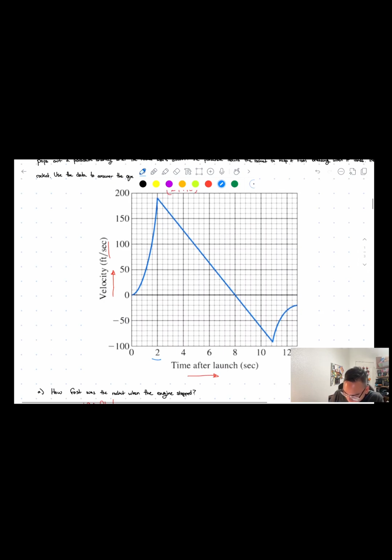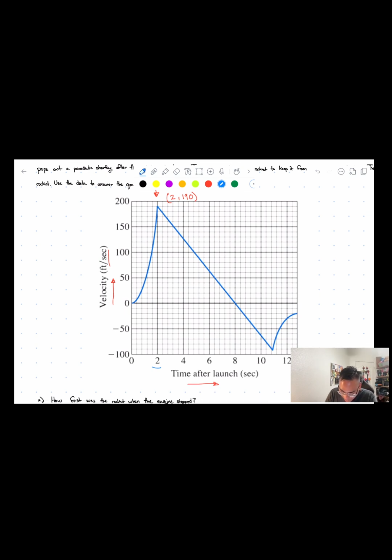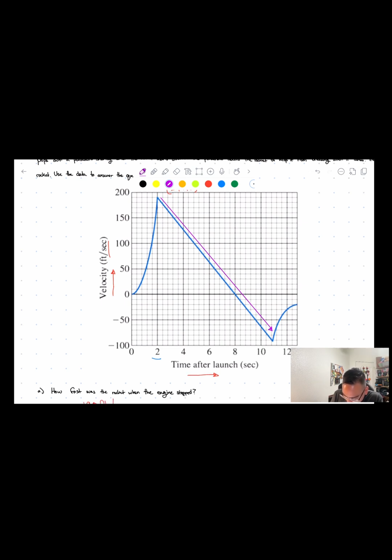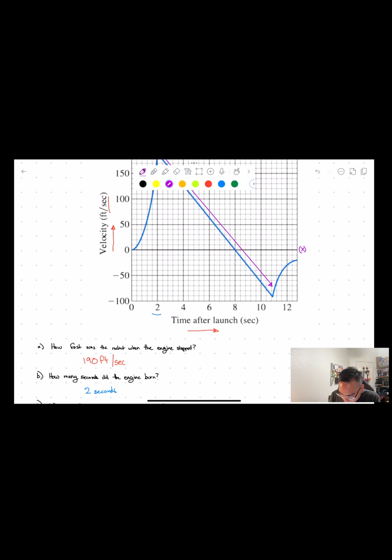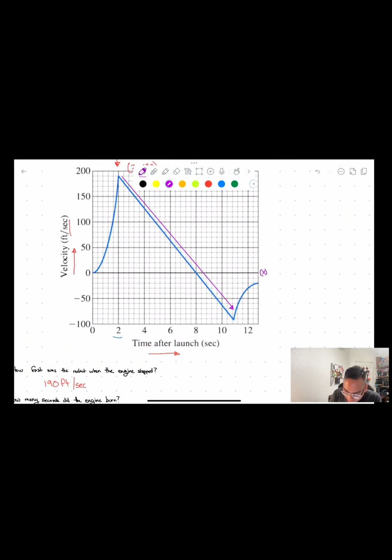If we look at this graph, we can see that it peaks at 2 seconds and then it gradually goes down, all the way down. Now, before it goes all the way down, you'll see that it hits a 0 velocity. Basically, your x point. This is where it's going to reach the highest point. Because remember, after it launches, there's enough momentum, so right now it's accelerating.